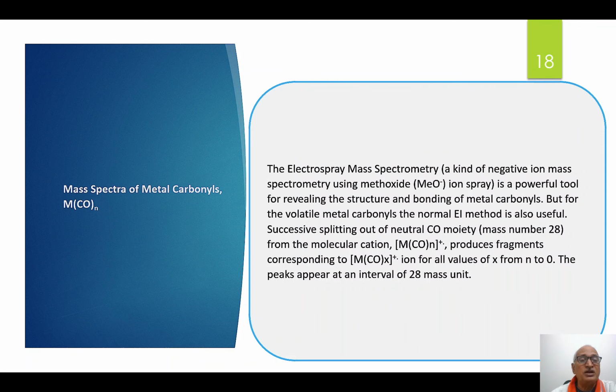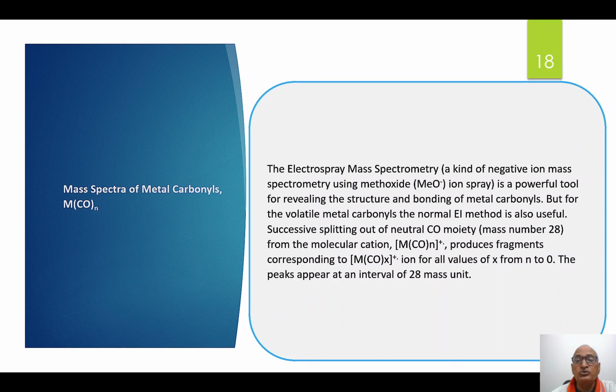Mass spectra of metal carbonyls. For metal carbonyl compounds, mass spectrometry is very useful in determining how many CO groups are there in the molecule and how they are bonded, whether in a bridged position or terminal position. Electrospray mass spectrometry is a kind of negative ion mass spectrometry using the methoxide ion spray technique.